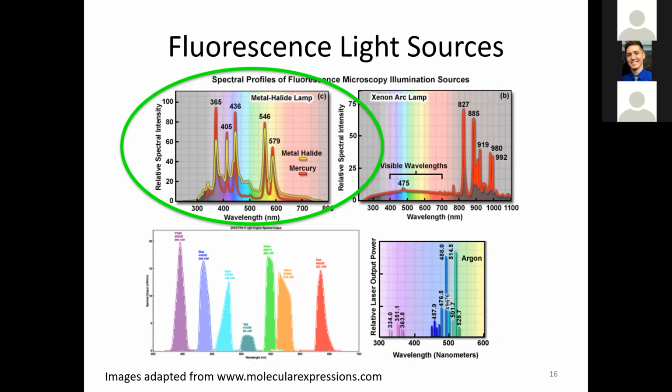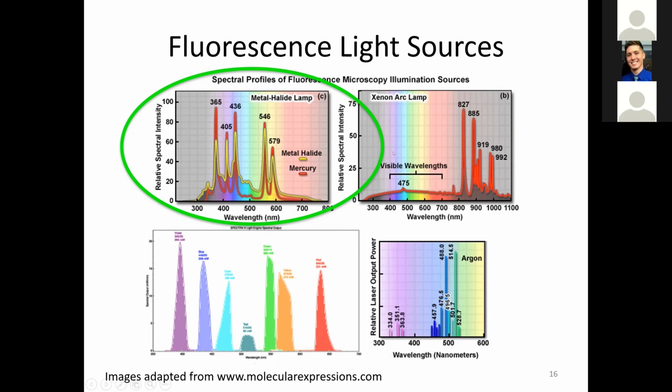But you can see that past 300 and even past 600, the overall emittance of these metal halide lamps really goes down. If you're using a lamp like this and trying to quantitate fluorescence intensity, you at least want to be aware that your light source is not completely flat across its spectra.